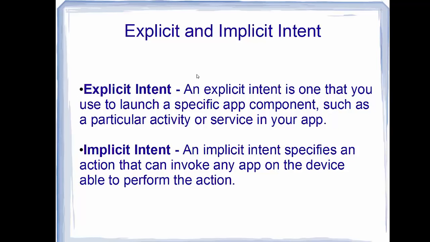So with explicit, you are able to invoke an activity within your app. And with implicit intent, you can invoke an activity or some component of the activity from the other app which is present in your device. So let's get started and see how we can use implicit and explicit intent in Android.